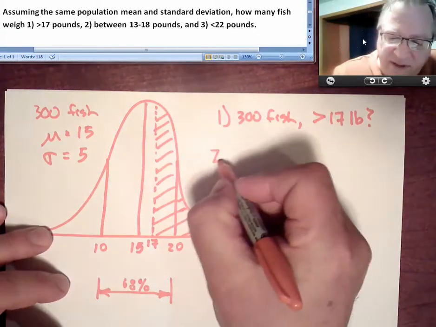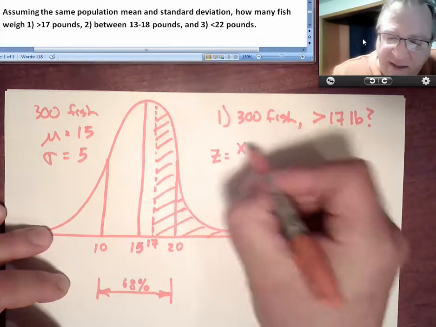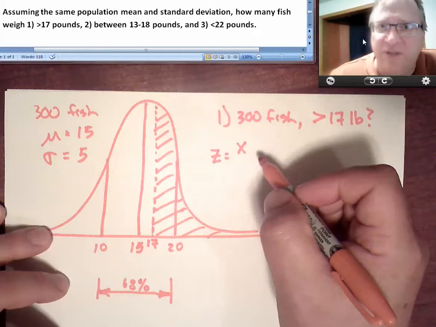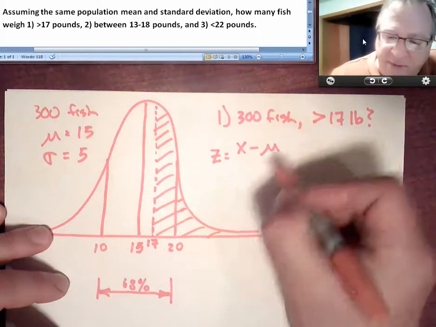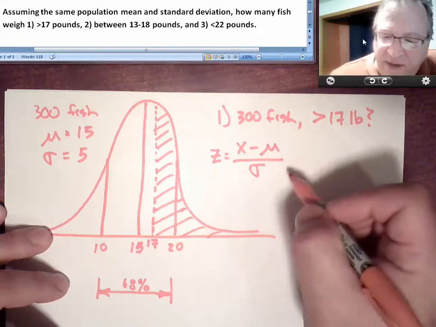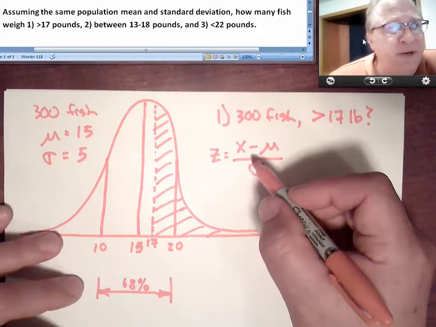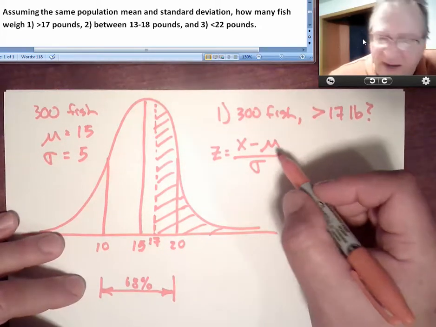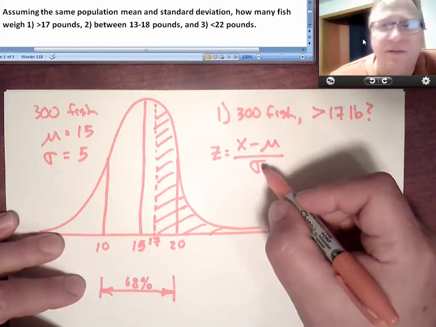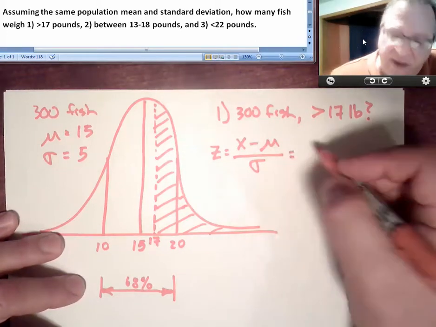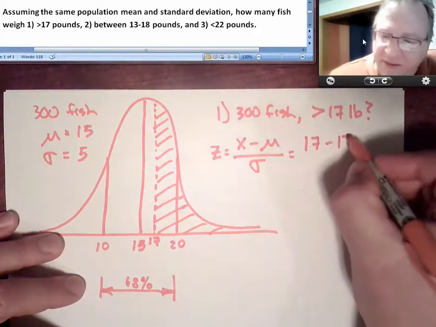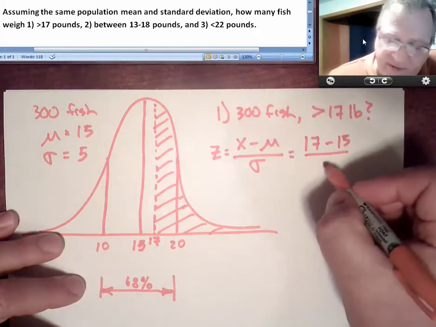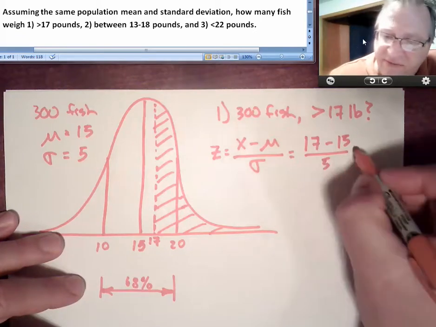First of all, the z-score is defined as x, the value we're interested in, and in our case that would be 17, minus mu, divided by sigma. X, the value we're interested in, minus the mean, divided by the standard deviation. In our case, we're interested in 17 minus the mean of 15, divided by the standard deviation of 5.